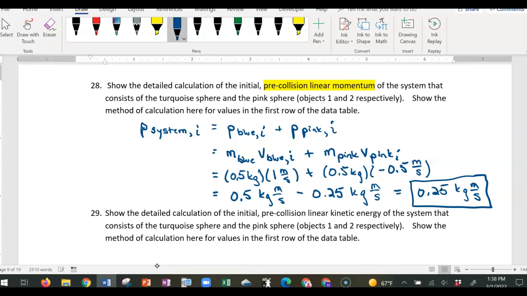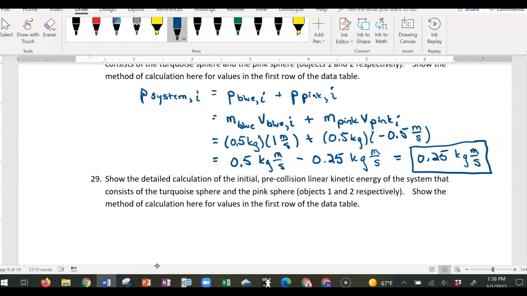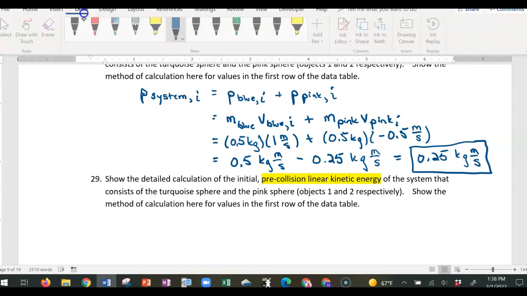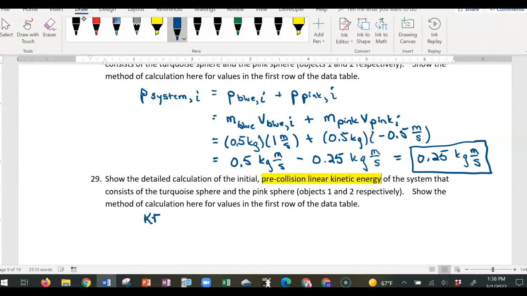Now I want to do the same thing, except this time I'm going to be finding the pre-collision kinetic energy. Not the momentum, but the kinetic energy before the collision. So the kinetic energy of the system before the collision should equal the kinetic energy of the blue sphere before the collision plus the kinetic energy of the pink sphere before the collision.